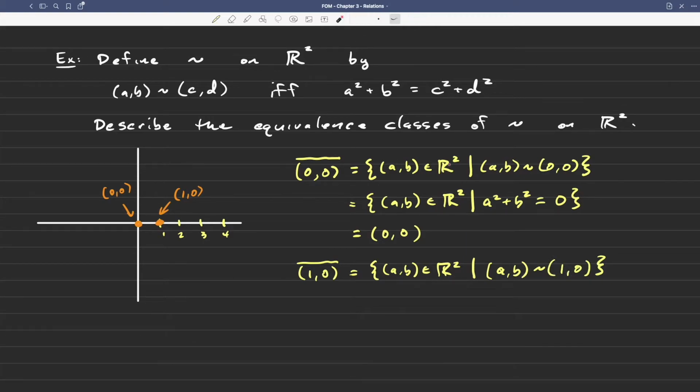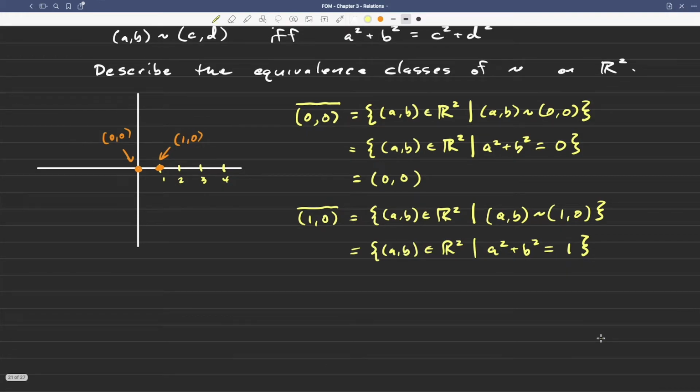And then we think about what the equivalence relation means. We have to go with this equation up here, and applying that, this becomes the set of all AB in the plane where A squared plus B squared equals 1 squared plus 0 squared. Of course, I'm just going to write that as 1. Well, hey, I recognize this.